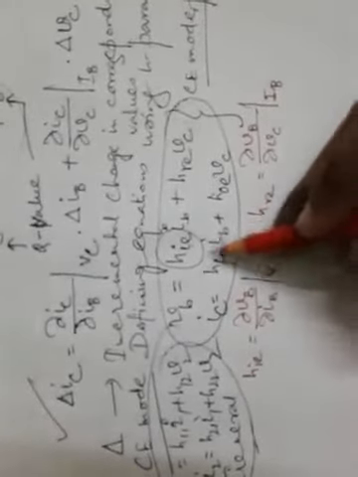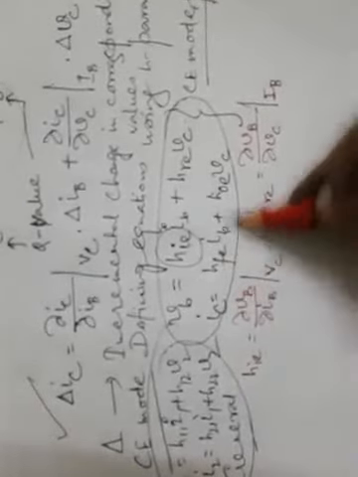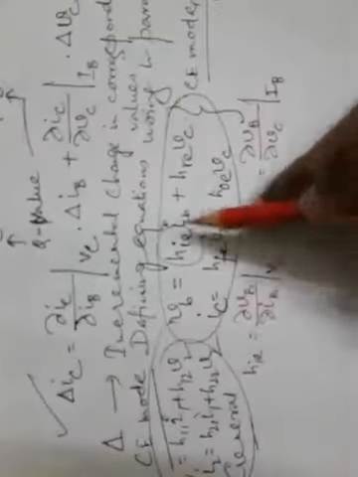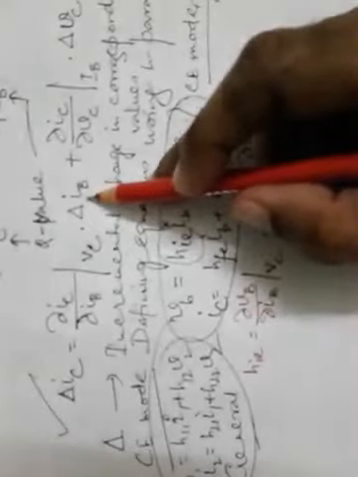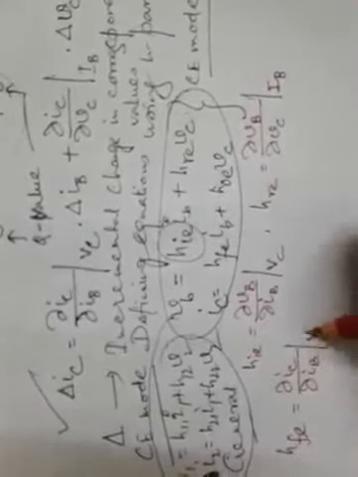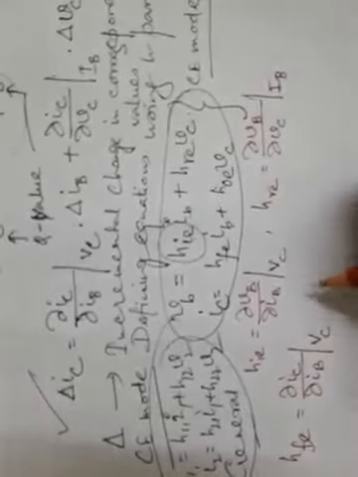Now similarly, if you compare the second equation with the second expression, IC is indicating del IC and IB is indicating delta IB. So HFE will be only the partial derivative term. So HFE is equal to del IC by del IB when Vc is constant or at Q value.